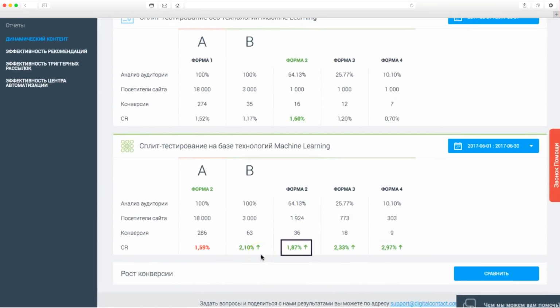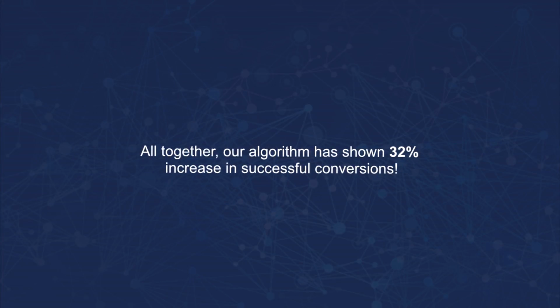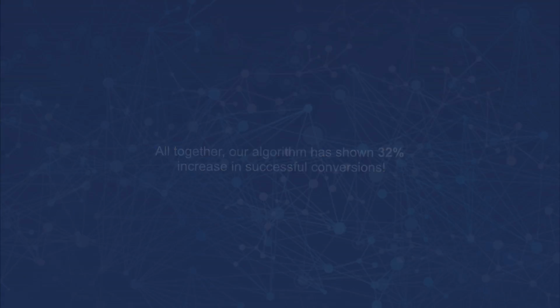For example, 67% of users actually did favor Form 2, showing conversion rates of 1.87%. But it turned out that 25% of users favored Form 3, and almost 10% Form 4. Altogether, our algorithm has shown a 32% increase in successful conversions.